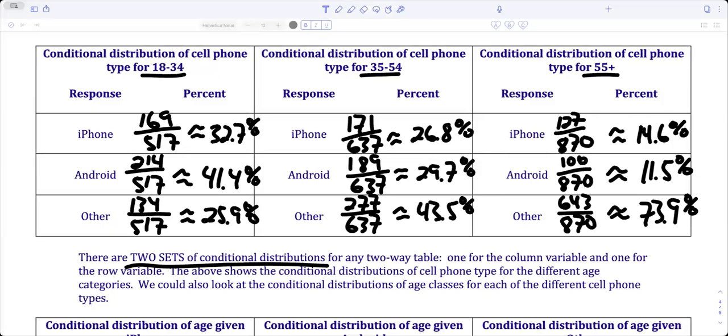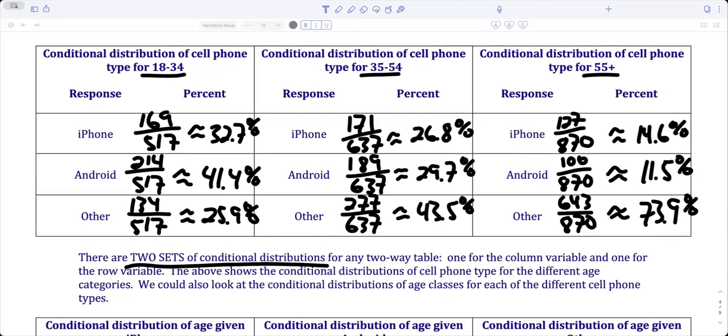So, last time we talked about the different types of variables, and we talked about a marginal distribution, which is where we look at the totals. We also have a conditional distribution. Since it's a two-way table, we have two variables, in this case, age and cell phone.